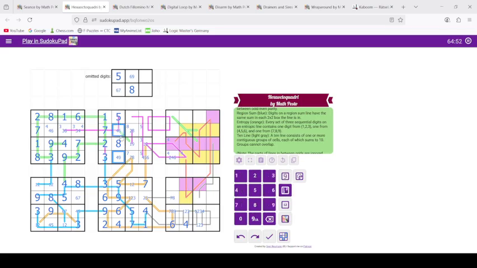So one of these is a 4. Either a 6 or 9. Both those seem to work.